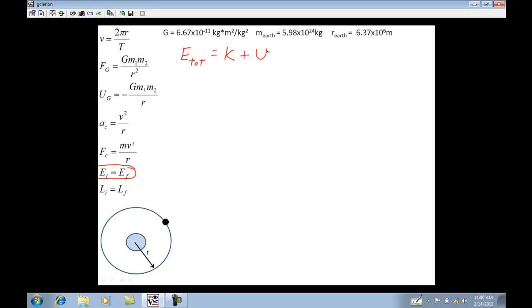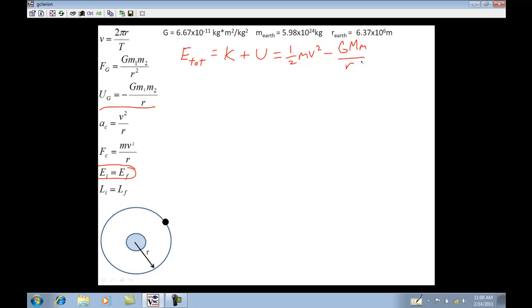Now we know the total kinetic energy is going to be equal to 1/2 mv squared. The gravitational potential energy has a negative sign on it. Let's include that negative sign. And there's a really important reason why it has that negative sign. The reason is that we treat the gravitational potential as being 0 at infinity.